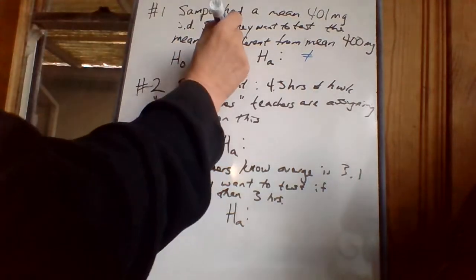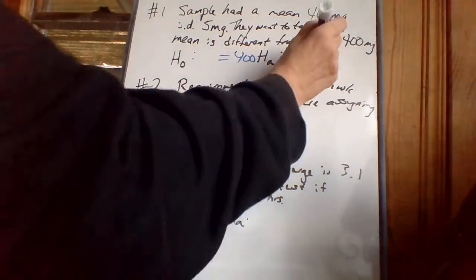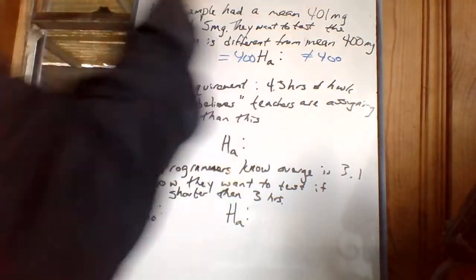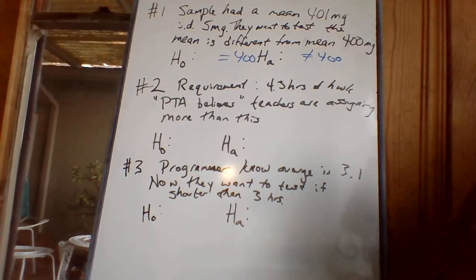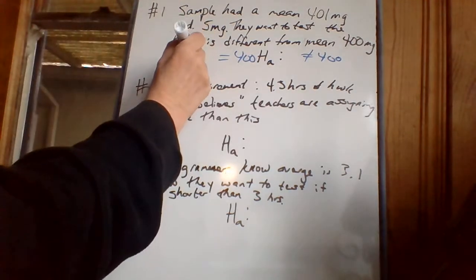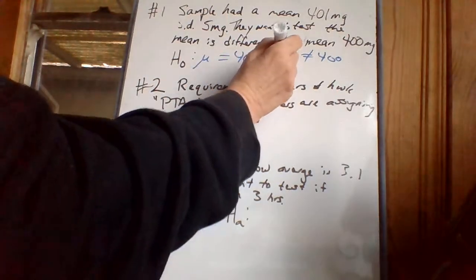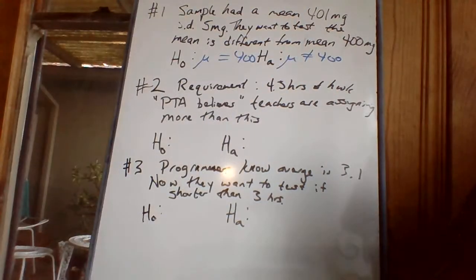And I've already decided my 400 is going to go here. And 401 is not a part of writing hypotheses. And then I need a letter. You could really honestly use any letter you wanted. In this case, since it's a mean, you're supposed to use mu. You could use M. You can name them after your kids. It doesn't matter. That's not the important part.